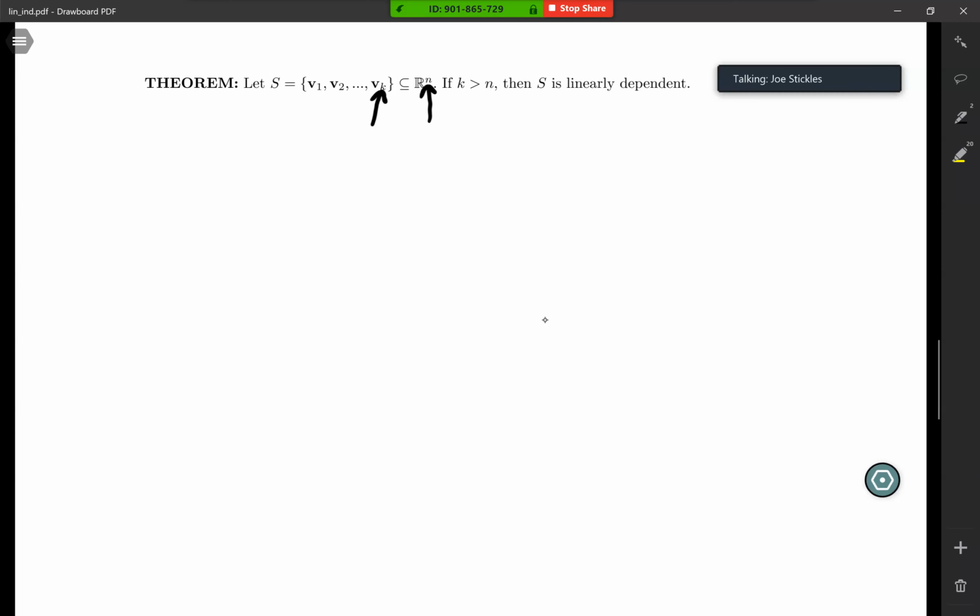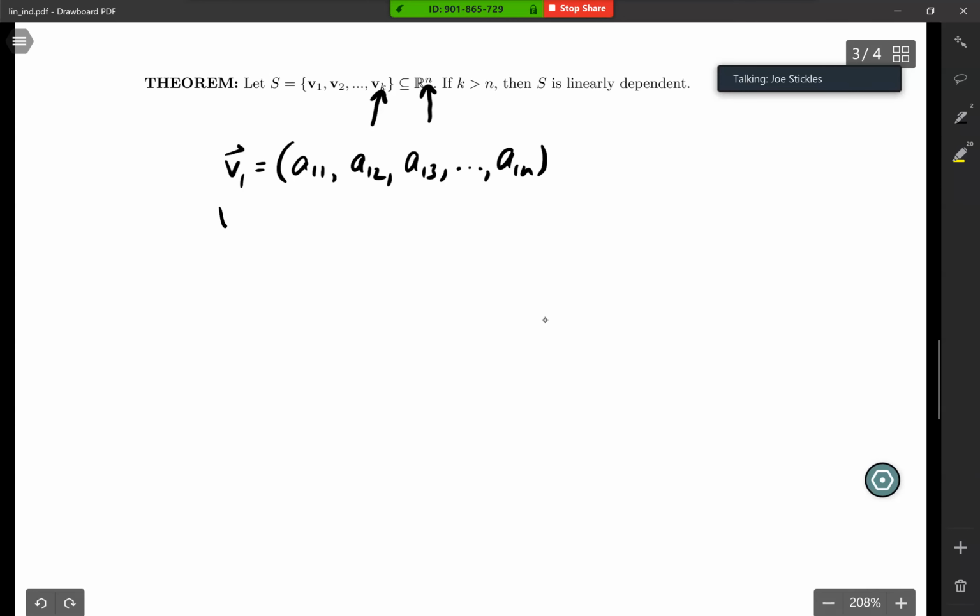All right, so let's see why this is the case. If you've got vectors in Rn, let's set up a system of equations. Let's say we had V1, just for argument's sake, is A11, A12, A13, on to A1n, then V2, using the same numbering scheme here.